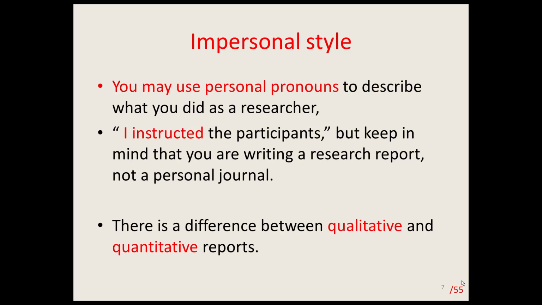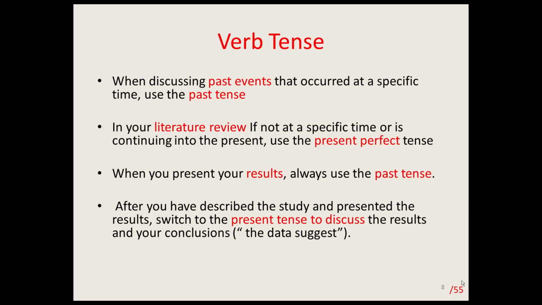Even some journals instruct the authors to avoid using personal pronouns such as I or we. Instead, you're supposed to use the author or this study or the present study instead of using my study or my investigation. Verb tense is also important in writing your research report.